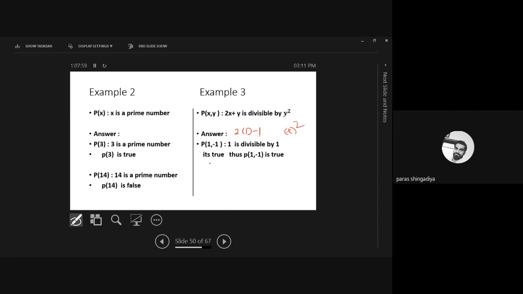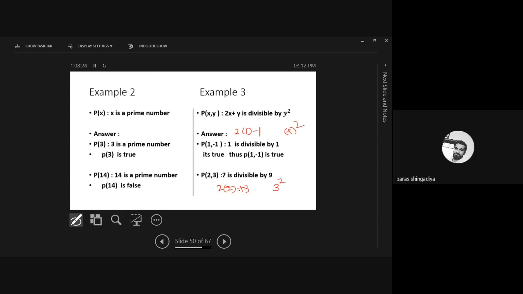Now consider a random pair 2 comma 3. x is 2, y is 3. So what will be the answer of 2x plus y? That will be 2 of 2 plus 3, it will be 7. 7 divisible by 3 square, which is 9?